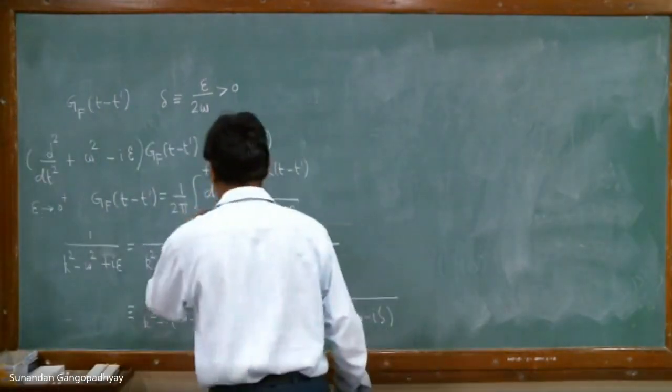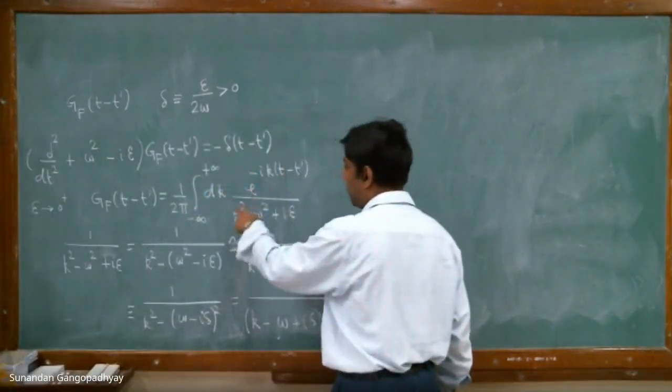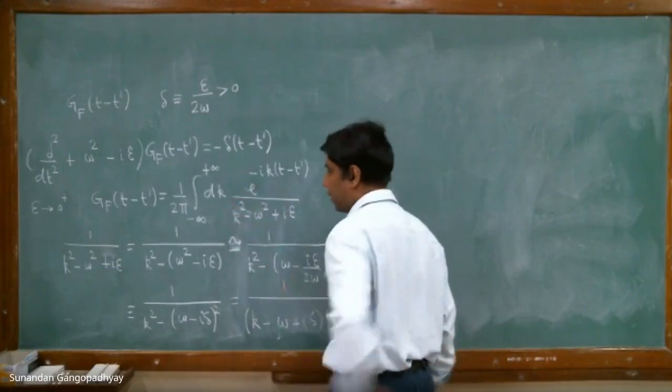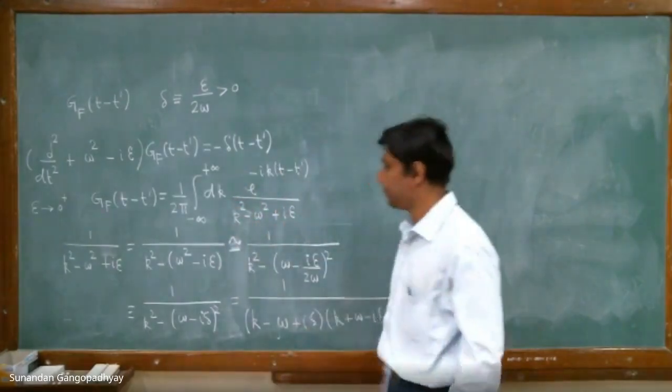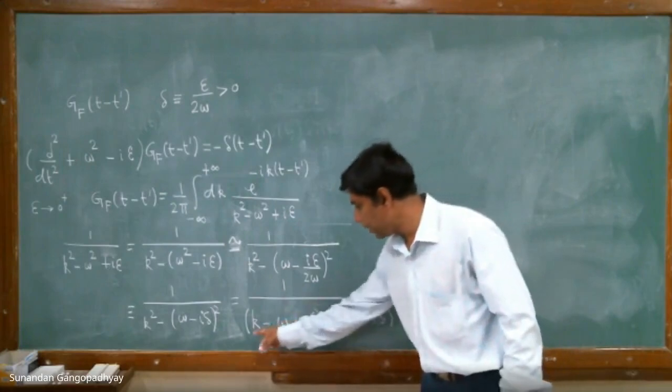So this expression, the integrand 1 divided by this factor k square minus omega square plus I epsilon, is nothing but 1 divided by this thing.